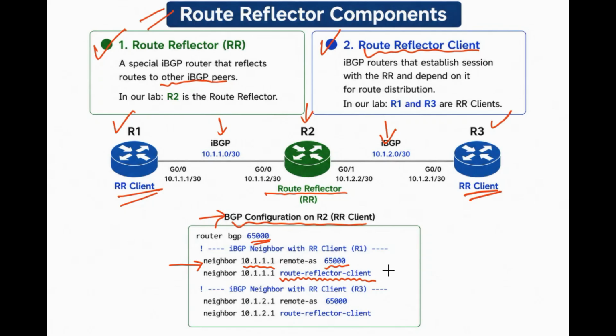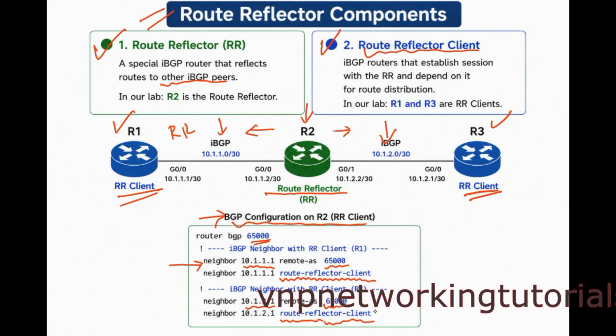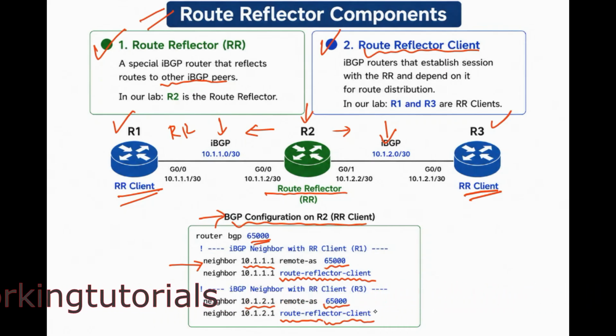On R2, we are informing R2 that R1 is a route reflector client. And similarly, you can see for R3, we have the neighbor 10.1.2.1 and the remote AS number is 65000. And the next command is neighbor IP route-reflector-client. So this command is very important to inform the route reflector which iBGP peers are the clients for the route reflector.